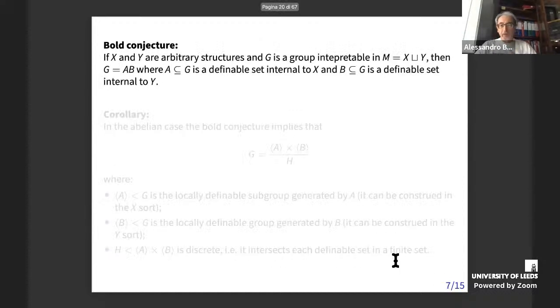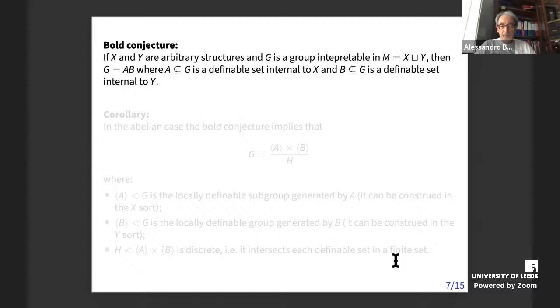Now, there is a bold conjecture, which was inspired by an observation of Woody in Oberwolfach, that if X and Y are arbitrary structures, and you take a group G definable in this two-sorted structure, then G is going to be generated by something definable internal to one sort and something internal to the other sort.